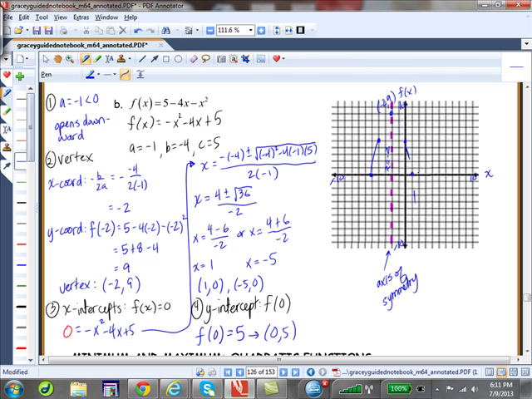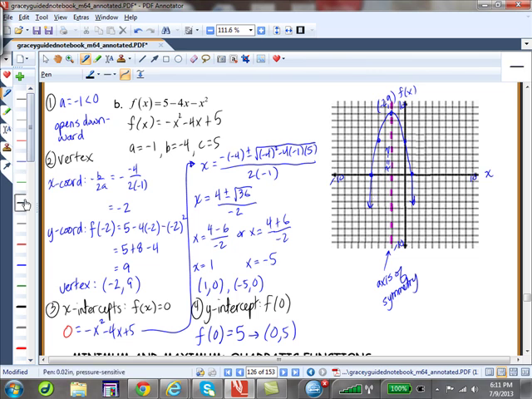I really don't like it when it's looking like a V. You know, it's supposed to be a smooth curve. There we go. I think that's a little bit better.